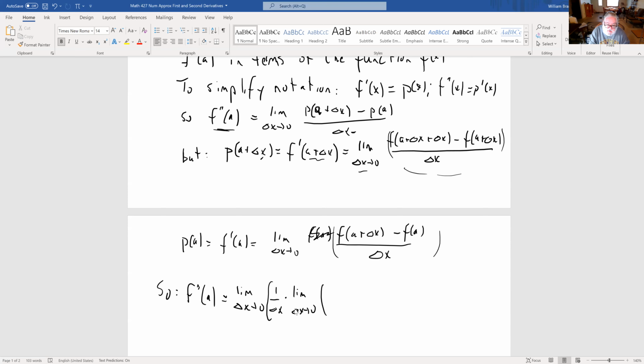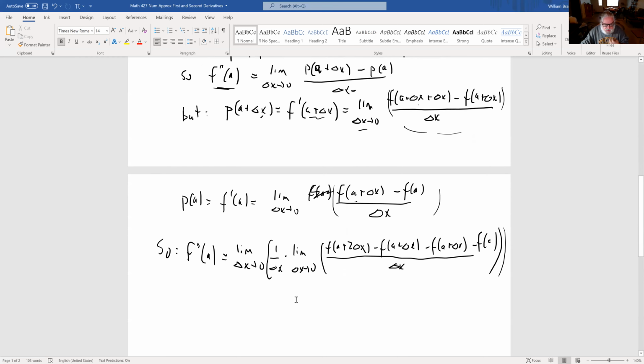So f of a plus 2 delta x, because there's 2 delta x's here, minus f of a plus delta x, minus this fraction, f of a plus delta x minus f of a, all over delta x.